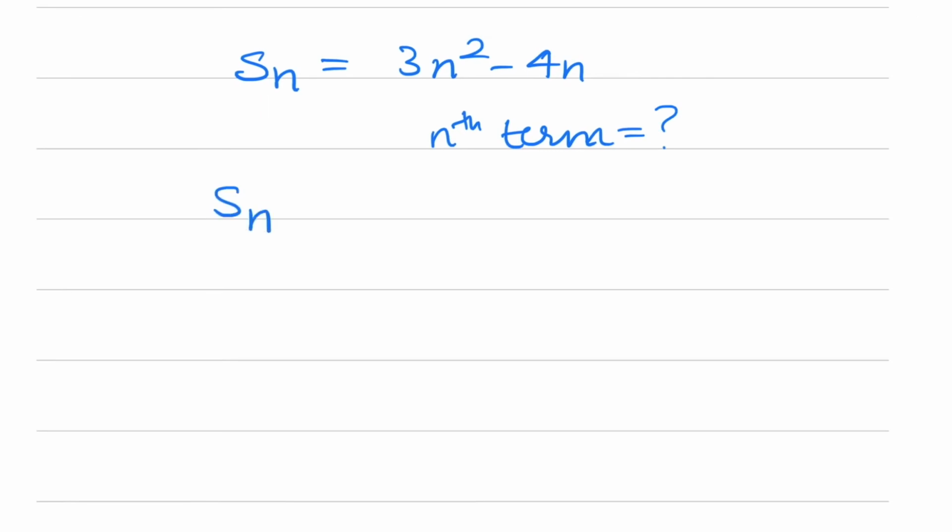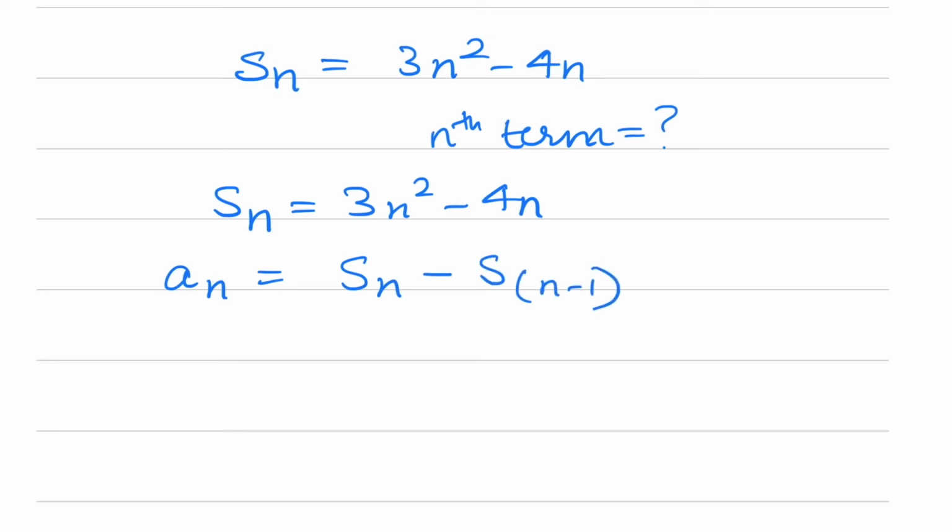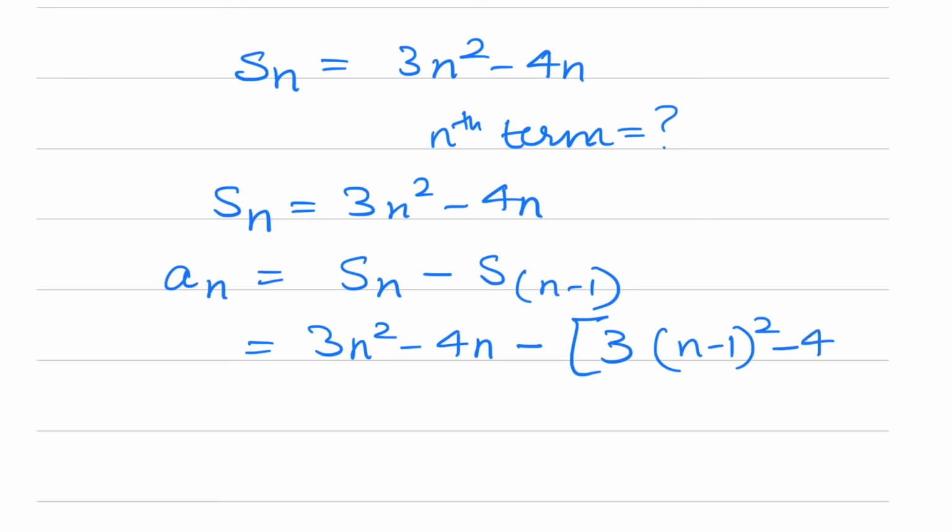Sum of n terms is given by 3n square minus 4n, and we know an or tn is Sn minus the sum of n minus 1 terms. Let's substitute. Sn is 3n square minus 4n, and now I will write n minus 1 instead of n. So 3 into n minus 1 whole square minus 4 into n minus 1.